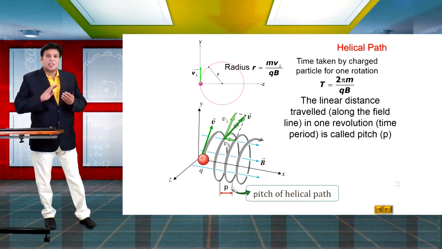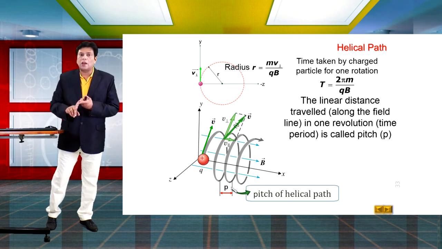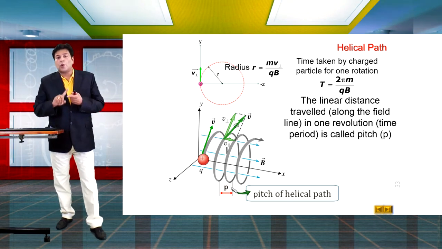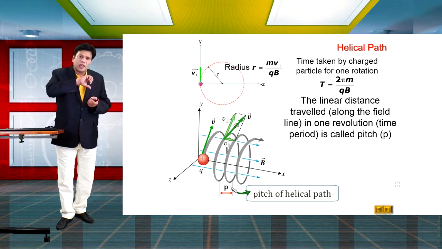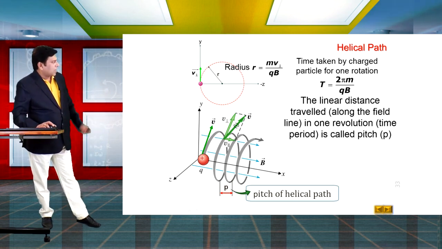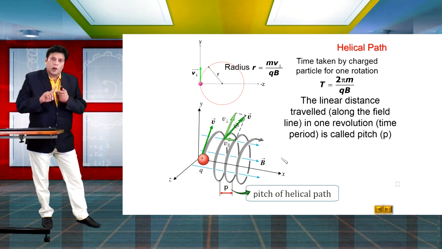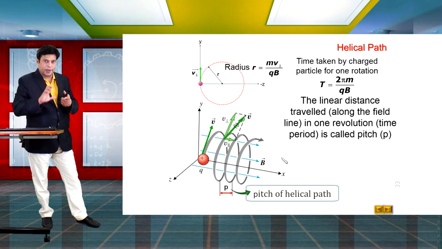And we know the speed of the charged particle. Here you can say the velocity of the charged particle remains unchanged while moving in the x direction, along the magnetic field direction. So this pitch of the helical path can be calculated using the parallel component of the velocity multiplied by the time period.